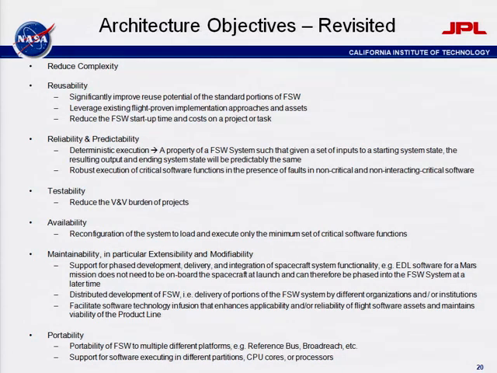The core component itself is highly reusable from mission to mission and can be deployed and configured for a particular reference bus application. Reliability and predictability. Our movement to a rate group execution architecture, as well as a standardized component state machine, really achieves this idea of reliable and predictable system behavior.